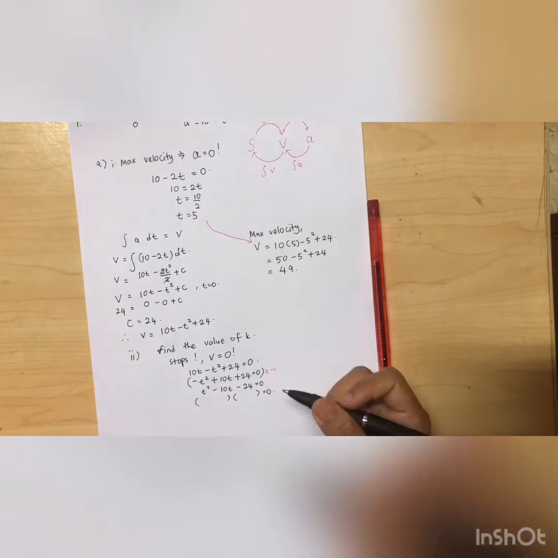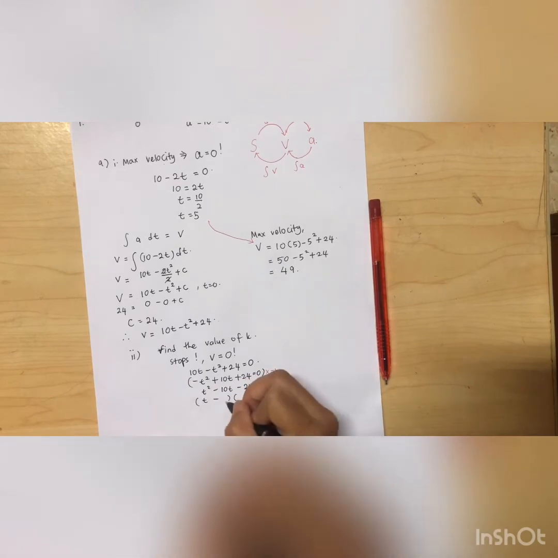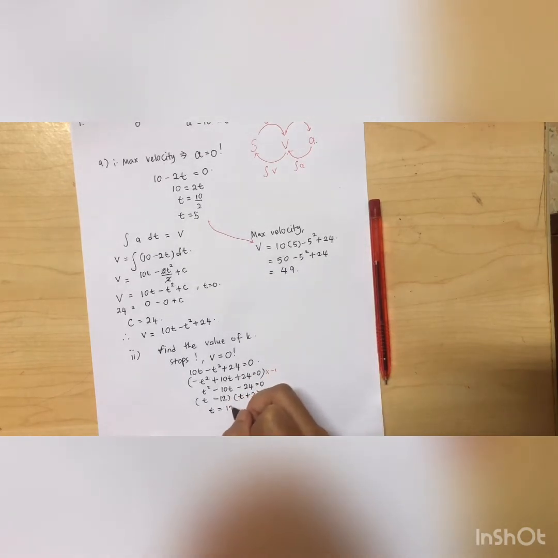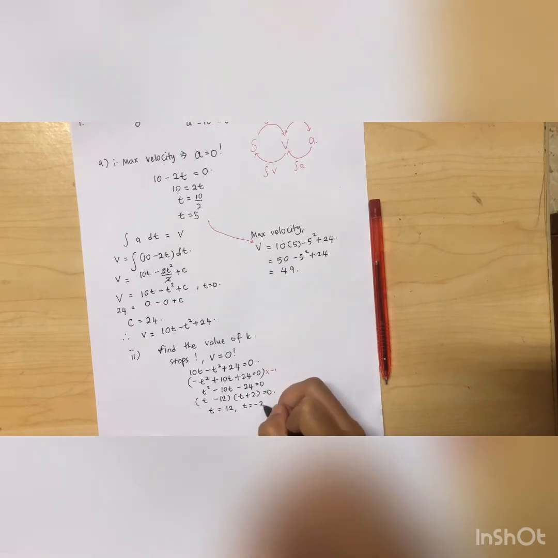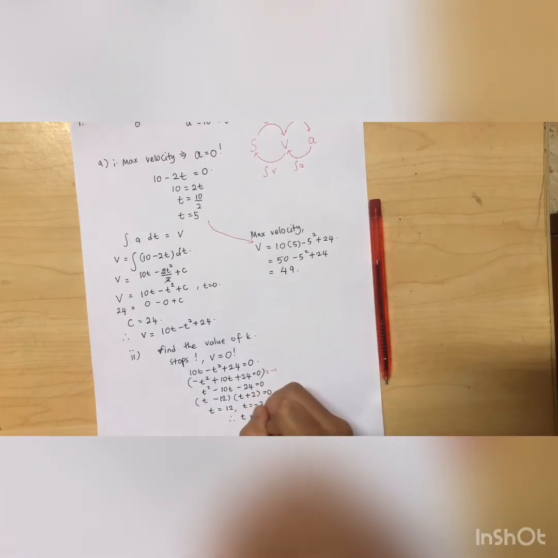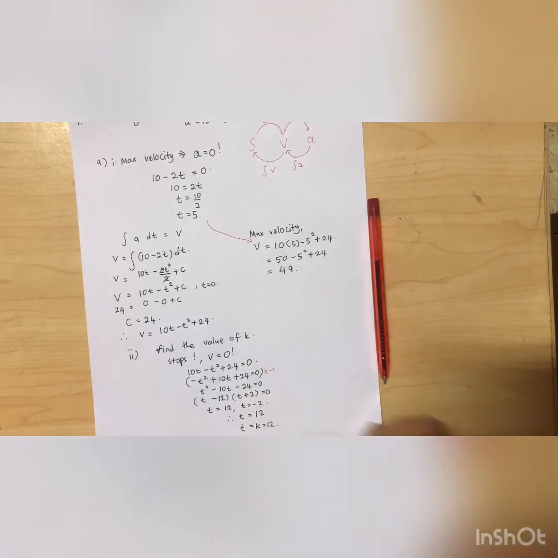You can use your calculator to factorize, but I know the answer is (t minus 12)(t plus 2). So t equals 12 and t equals -2. Kids, t cannot be negative, so t equals 12. So t is actually k, and k equals 12.